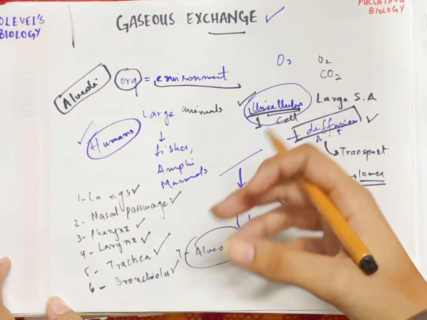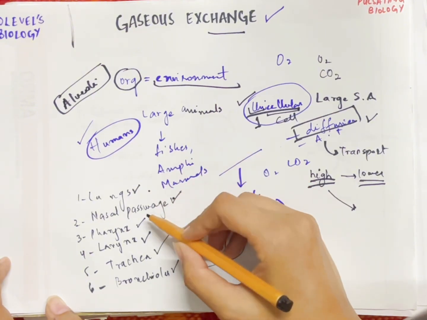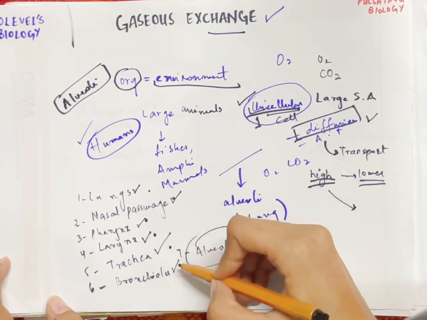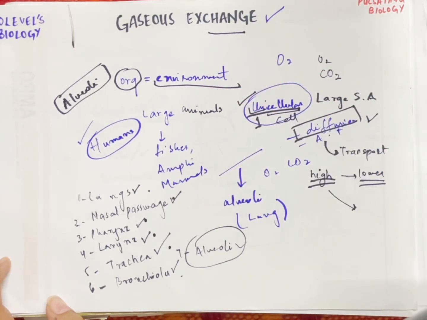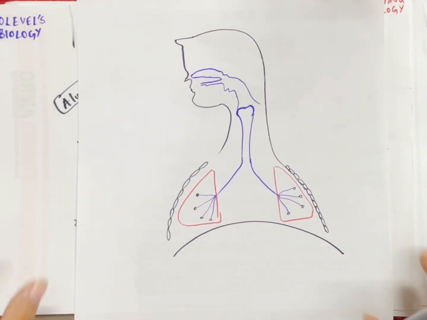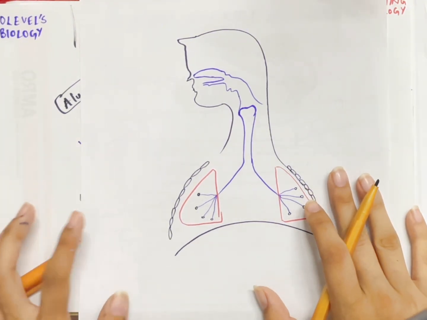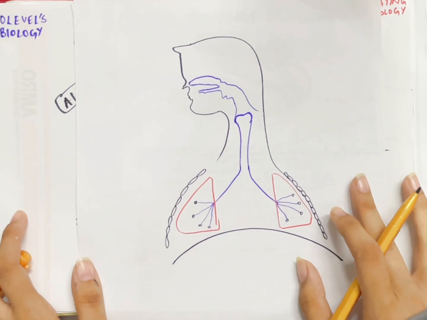What are the organs that are included in gaseous exchange? They are the lungs, the nasal passage, the pharynx, larynx, trachea, and the bronchioles. And all of them are protected by the intercostal muscles. For further understanding, we will look at this diagram. In this diagram, these are the gaseous exchange organs present in the respiratory system of a human being.